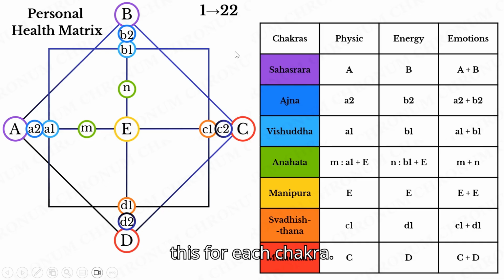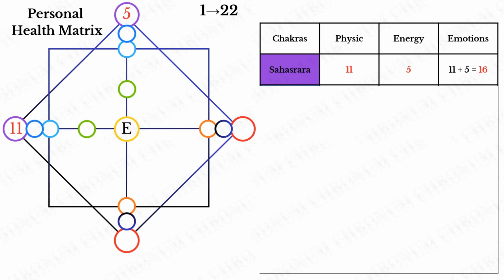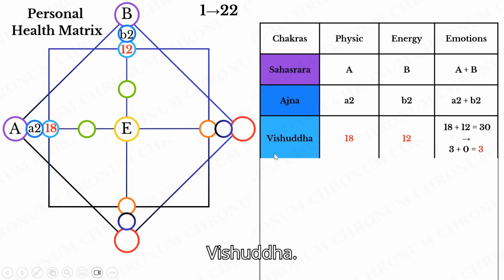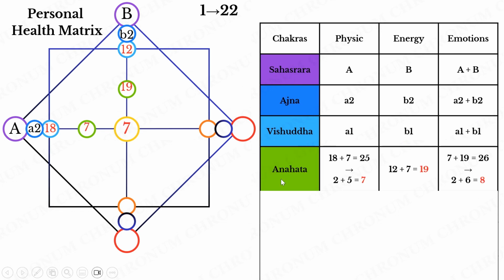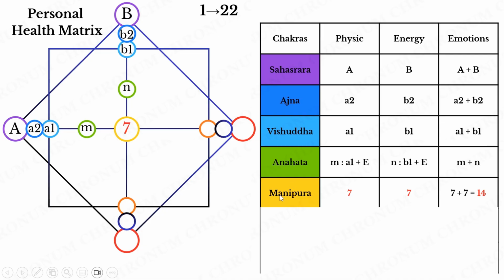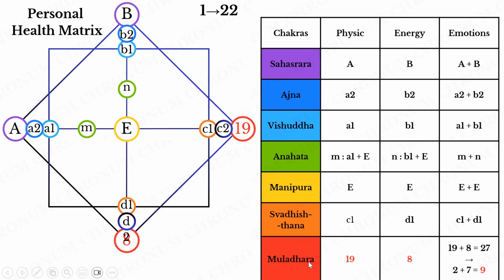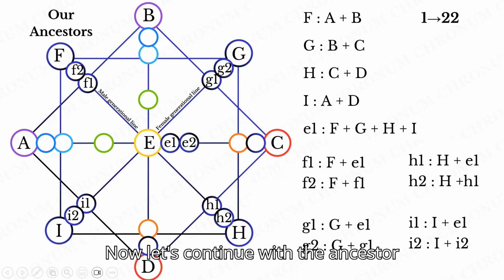We calculate this for each chakra: Sahasrara, Ajna, Visuddha, Anahata, Manipura, Svadhisthana, Muladhara.